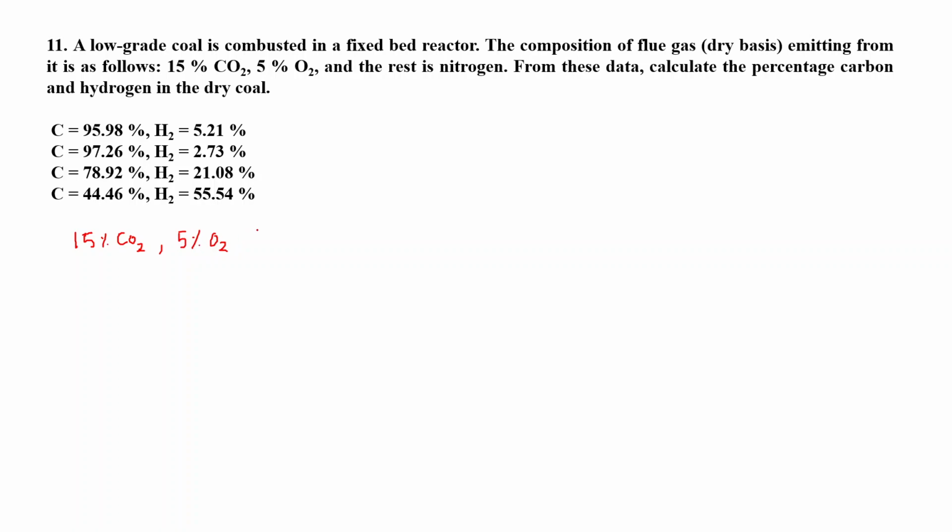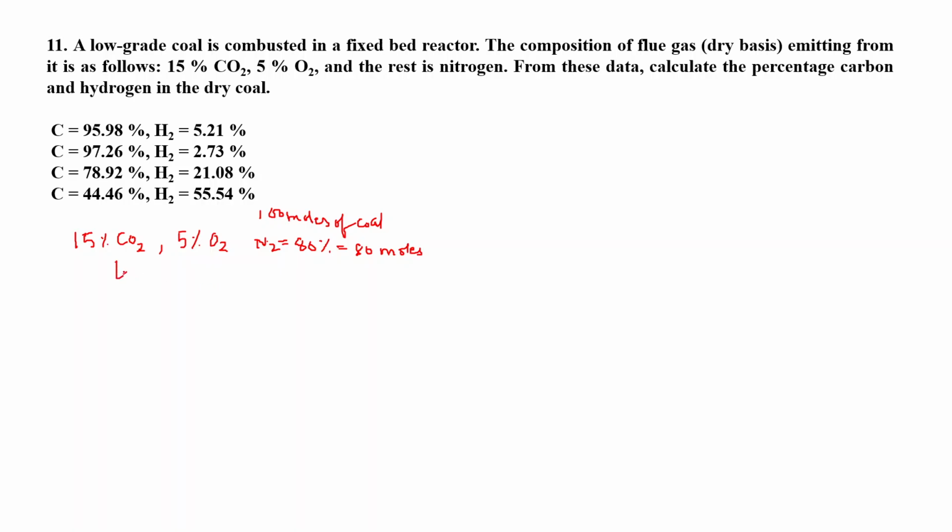Let us assume we have taken 100 moles of flue gas. So we can say that 15 moles of CO2 is there and 5 moles of O2. The rest is N2, which is 80%, that is 80 moles, which is 100 minus 15 minus 5.